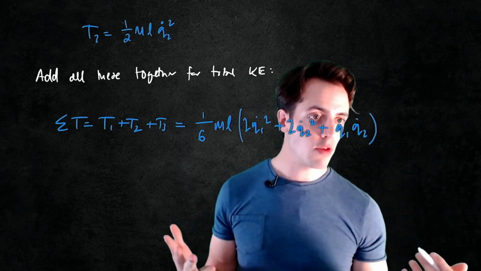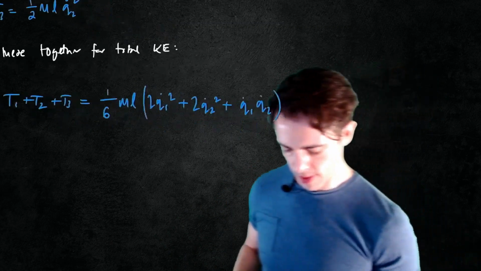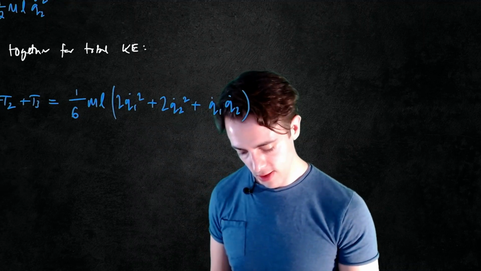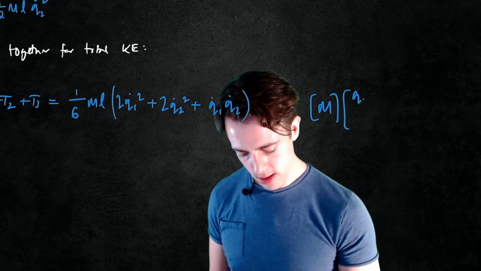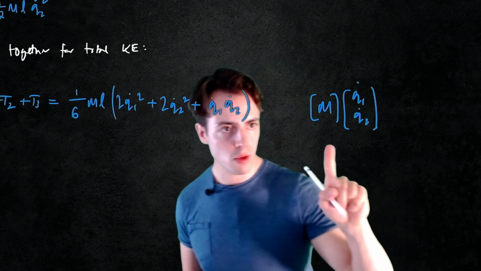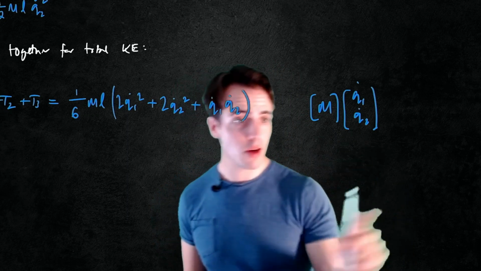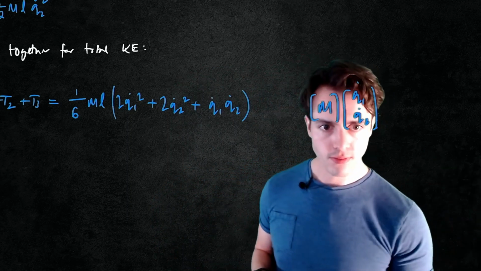We can put this expression into matrix form, just as a function of Q1 dot and Q2 dot. By that I mean that we could have this as some matrix multiplied by the vector Q1 dot and Q2 dot. And I've called this matrix M here because this describes the mass matrix, which describes the inertial properties of this system.